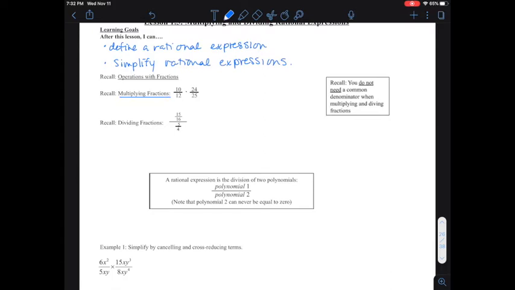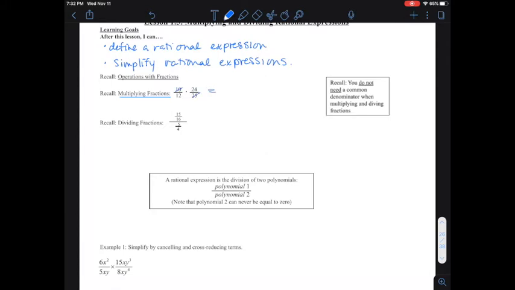When we multiply fractions, all we do is multiply the numerators together and multiply the denominators together. Sometimes we're able to cross-reduce to make things easy for ourselves. For example, I can reduce 10 over 12 and I can reduce 24 over 25, but I'm going to do that by cross-reducing.